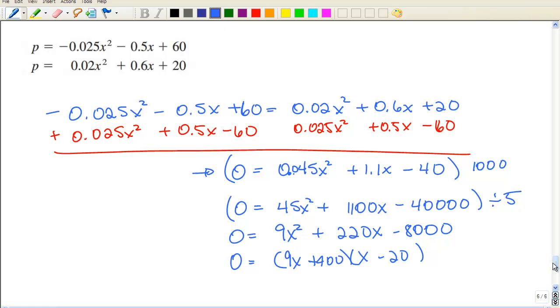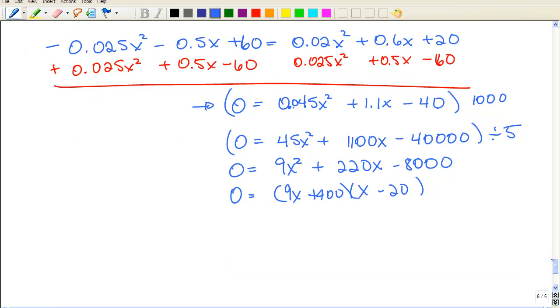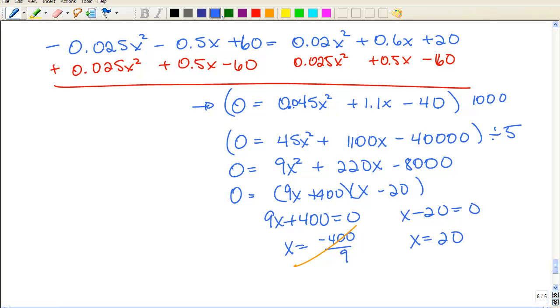Remember, we need only x to be positive, so if I set this one equal to 0 and this one equal to 0, I'm going to get x to be negative 400 over 9. Can't have a negative quantity demanded. So x is 20. Now remember, that's in units of 1,000, so I have 20,000 units demanded.